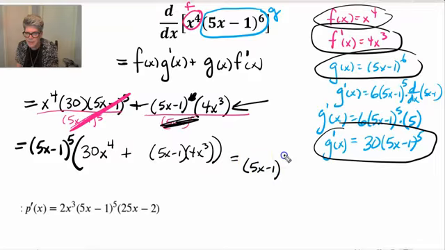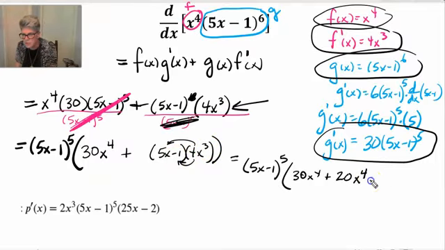So let me do some cleanup inside those big brackets. I'm going to need to distribute that. So 30x to the fourth plus, then 5x times 4x cubed is 20x to the fourth. Oh sorry, my bad, there we go. And then minus 4x cubed.